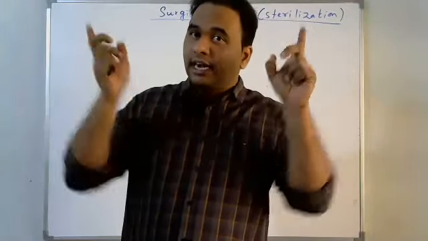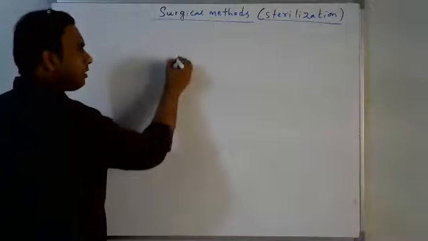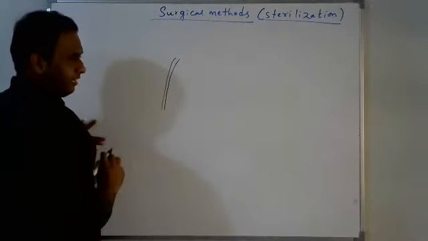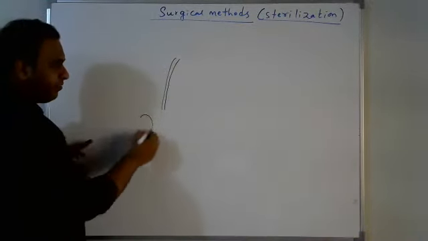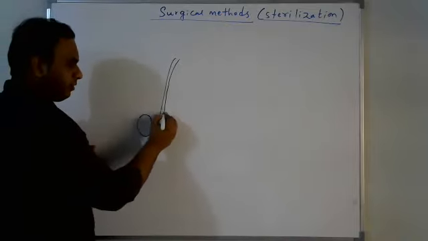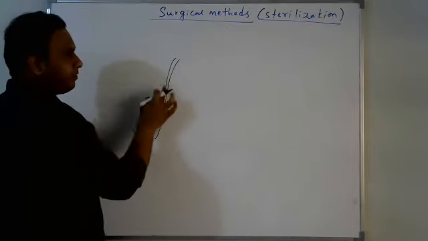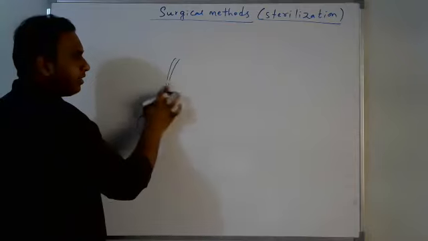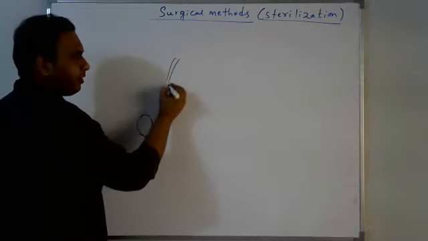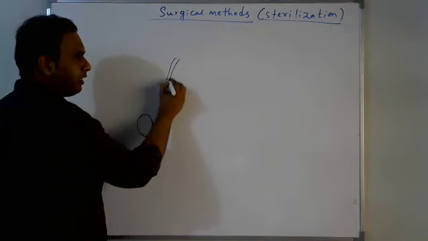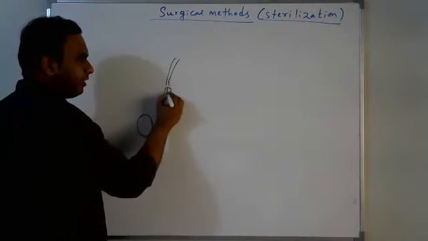Cutting and tying back. Suppose it's a normal vas deferens from the testis. It will be cut in this way. It is cut and tied back.